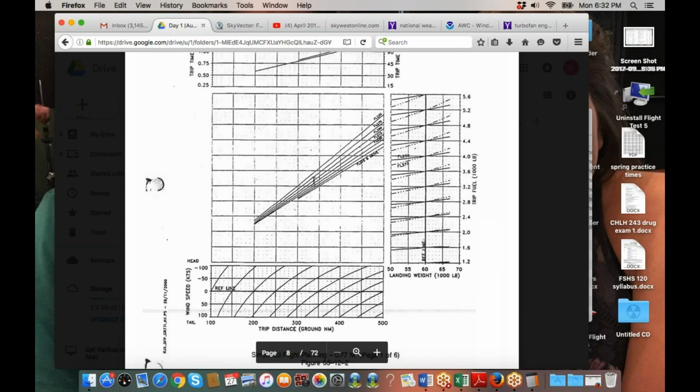Okay, so 285 miles, 20 knot headwind, flight level 300, and we're landing at 64.